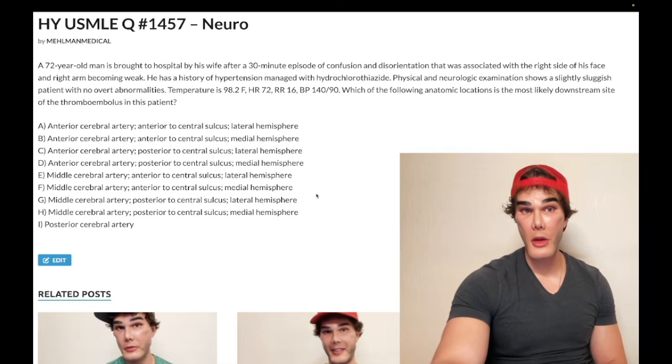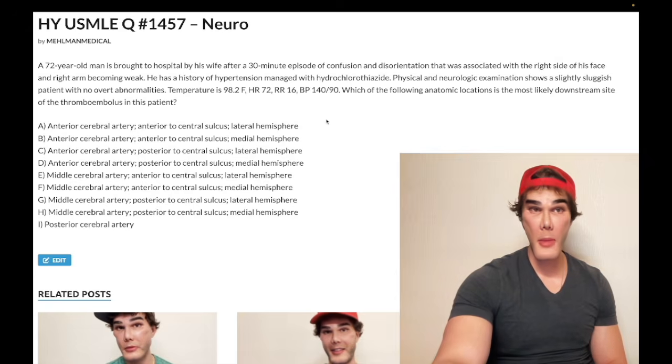Other things you can know: if you have a dominant side middle cerebral infarct, as we would have here, most patients, if they don't say anything, the left side of the brain is dominant. If they're left-handed, it can be the right side of the brain that's dominant. Left MCA infarcts can be associated with Broca and Wernicke aphasias, global aphasia, transcortical aphasias.